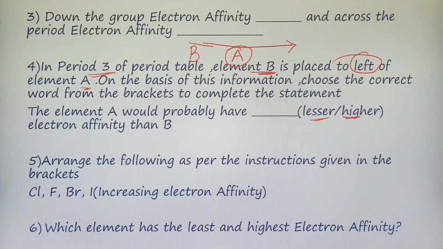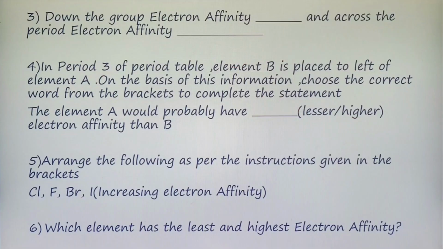We know from left to right, electron affinity increases. So can you tell me what will be the electron affinity of element A? It will definitely be higher, because it's increasing. Element A will have a higher electron affinity as compared to element B. So here the answer will be higher.